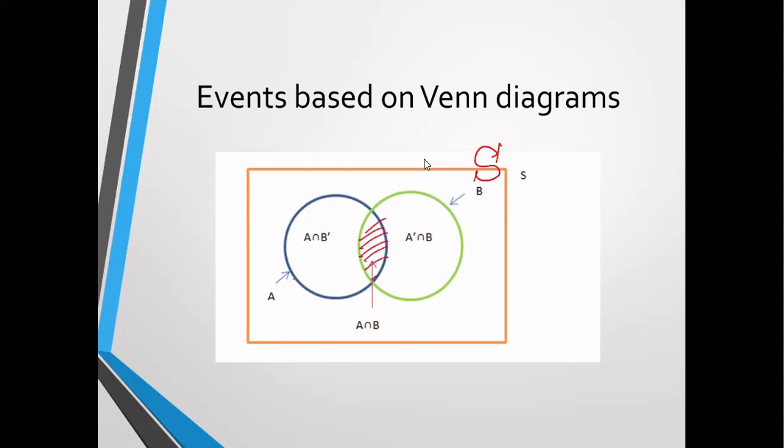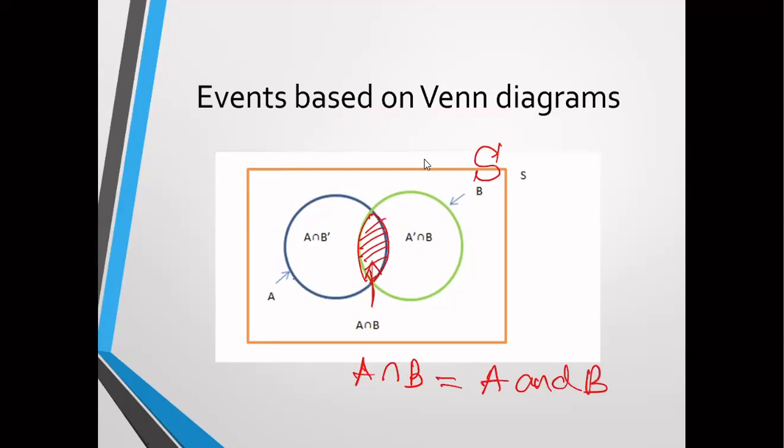If you can see this red color region, that is A intersection B. A intersection B is represented by this red color region, the elements that are common to both A and B. Usually when we read A intersection B, we can read it as A and B.